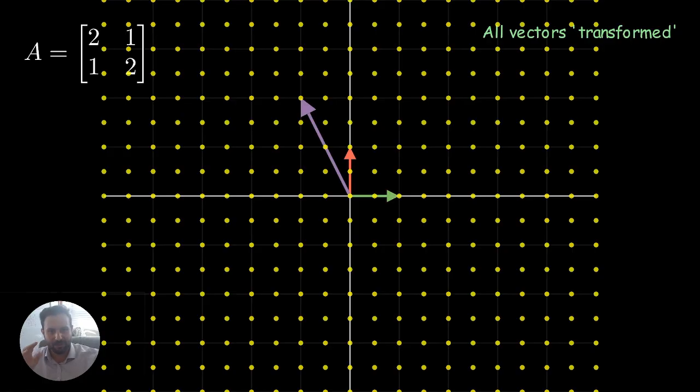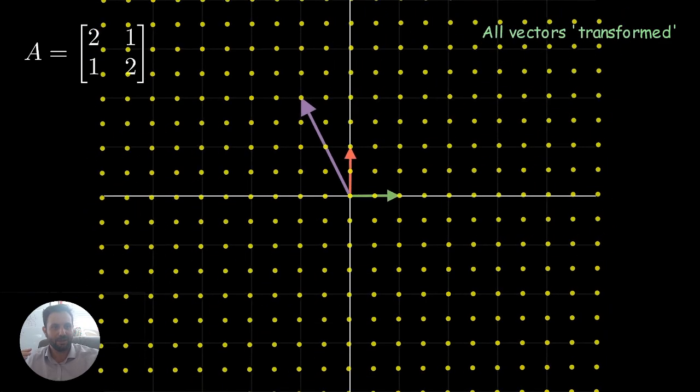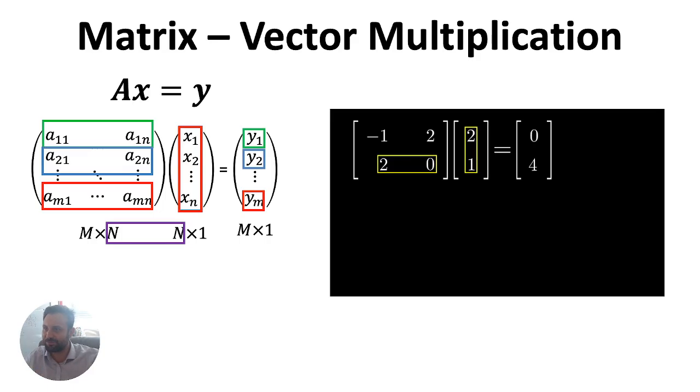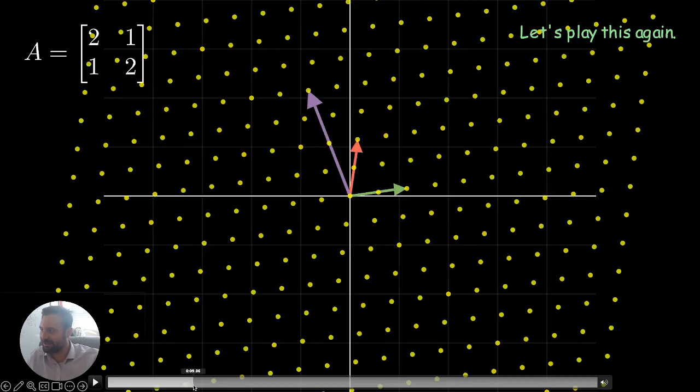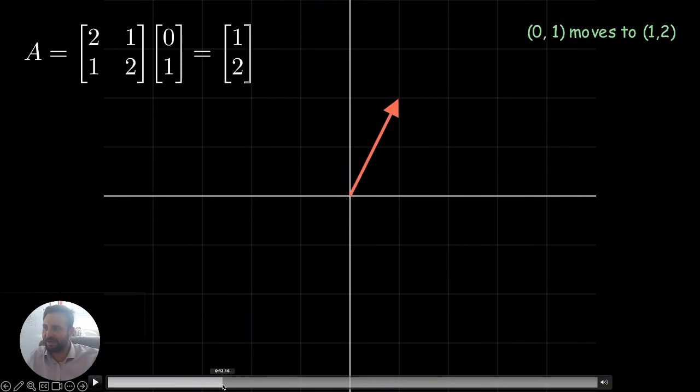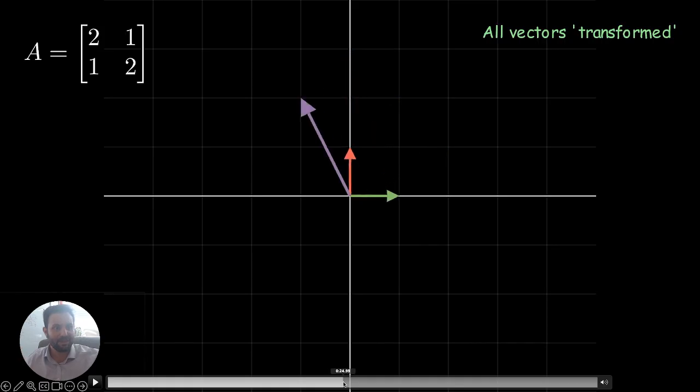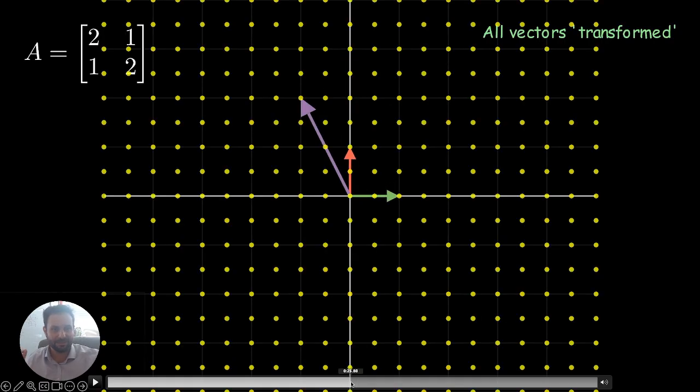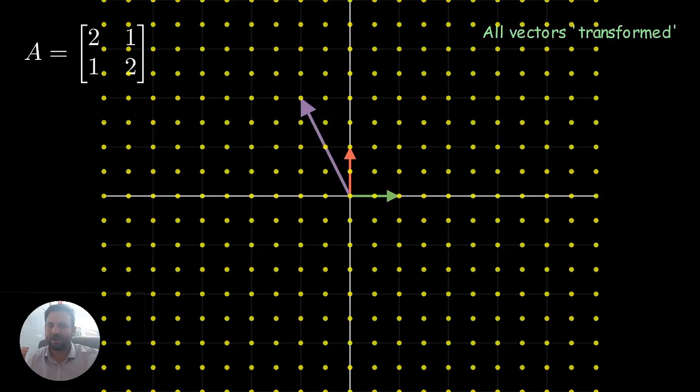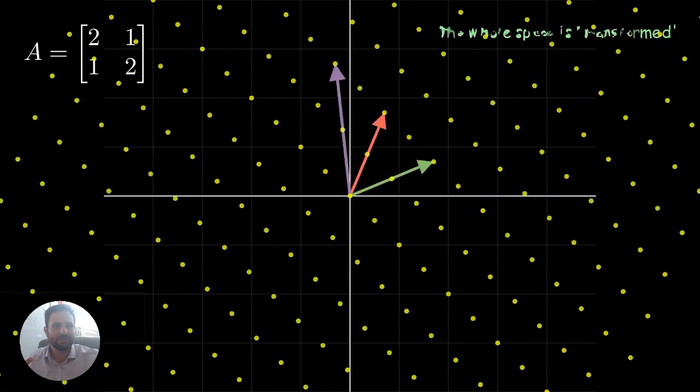Let's go ahead, instead of dealing with arrows, we argued that our vectors are actually deemed as data points in the space, right? So let's display all of the data points. And when I apply this A matrix to each and every one of the data points, whoops, I lost the animation for a second. If I multiply each and every one of these data points with this matrix, all of these data points will go to their new locations.